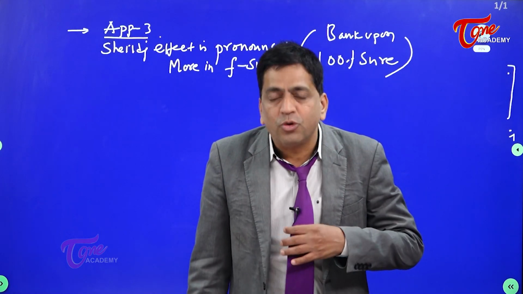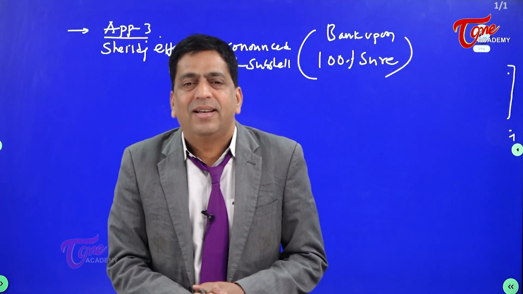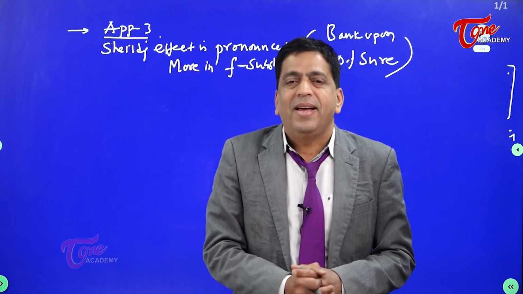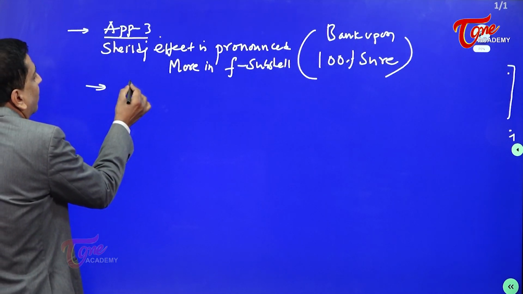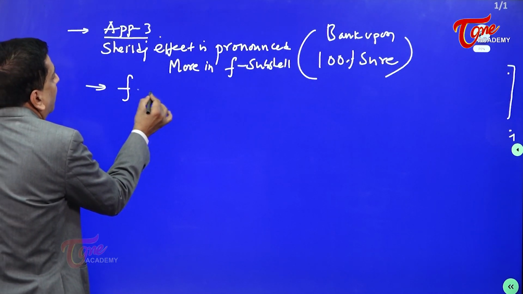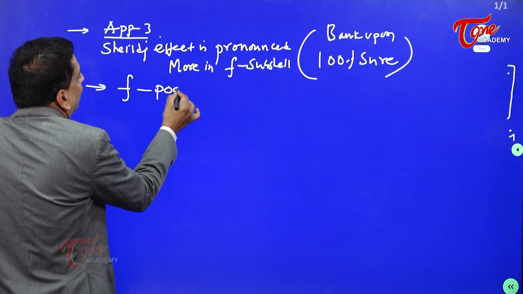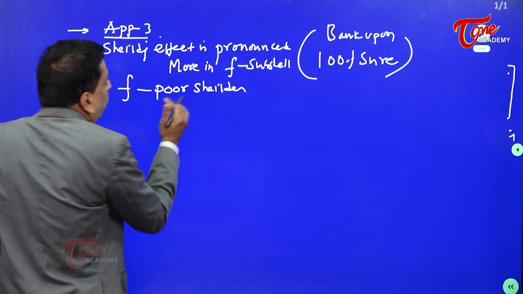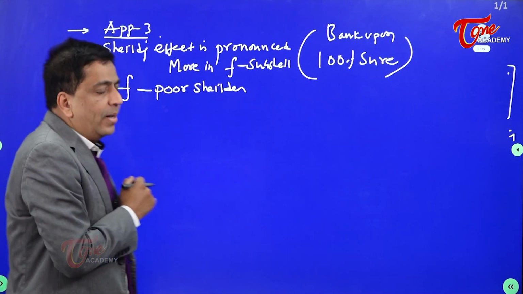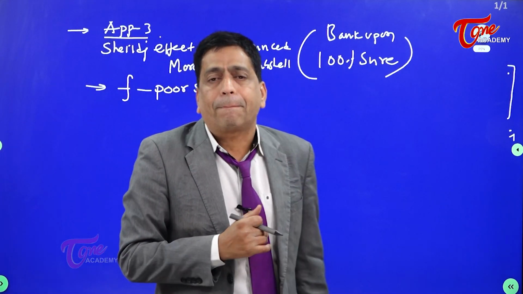The more pronounced shielding effect is a question in the exam. And why is it pronounced in the F subshell? Because F is a poor shielder, very poor.